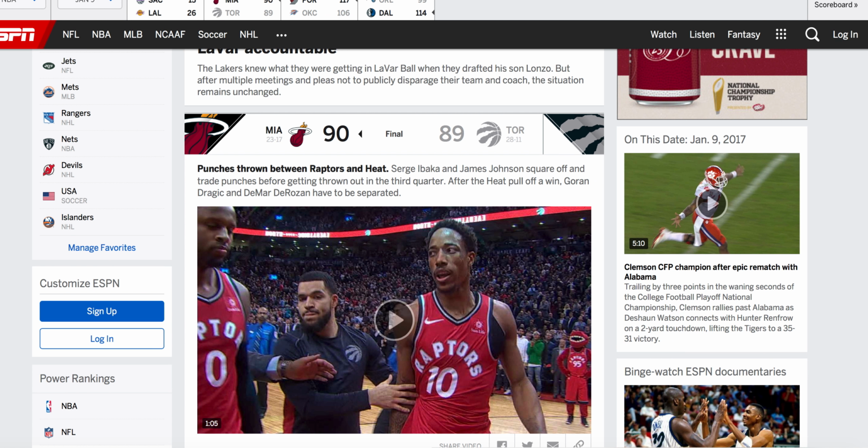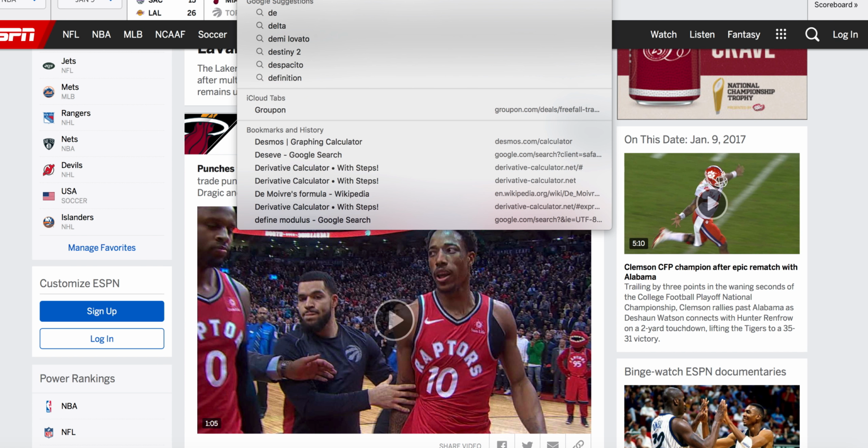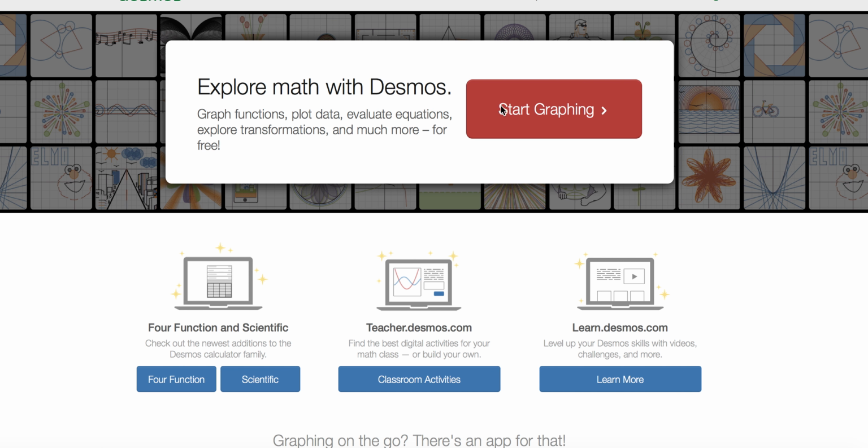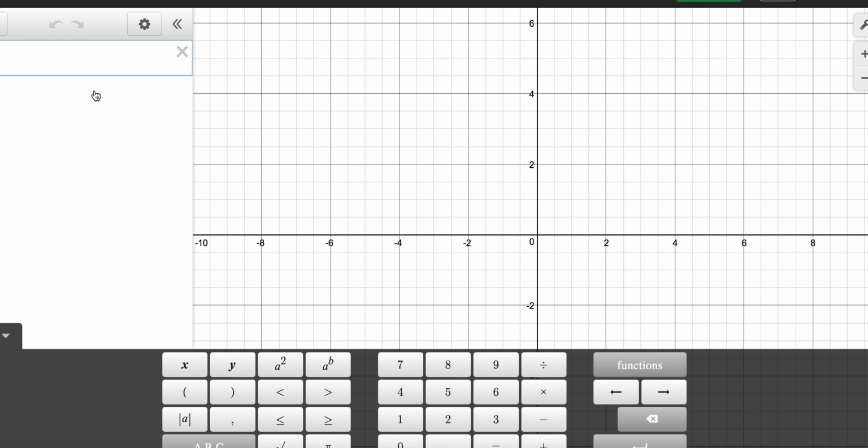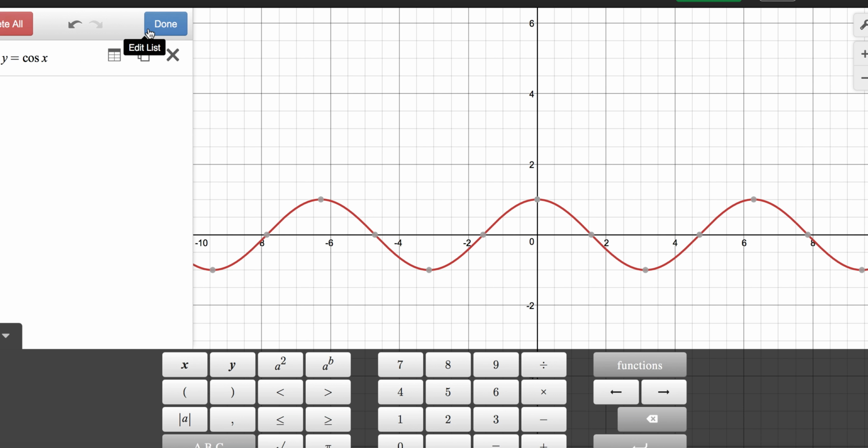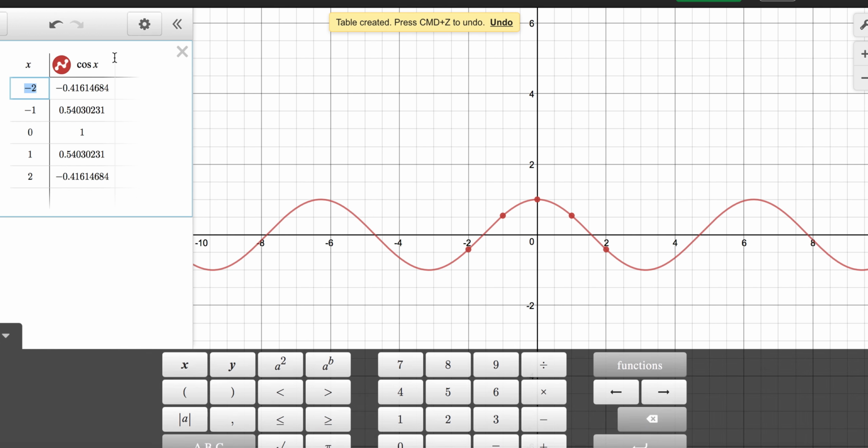So I'm going to go to Desmos, and then y equals cosine of x. And maybe values here.